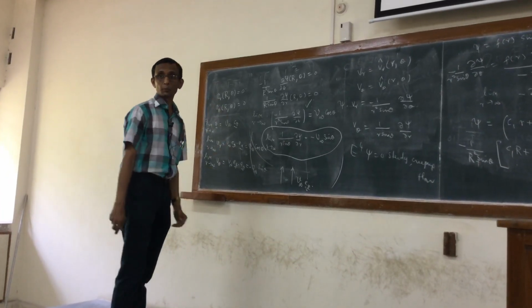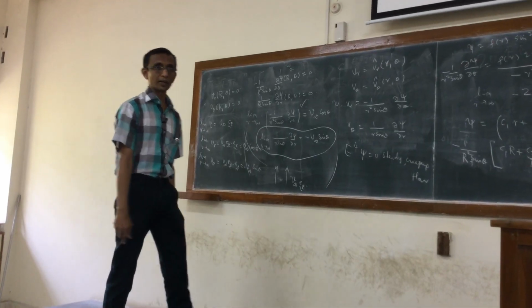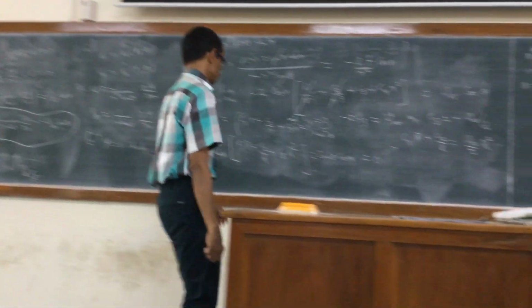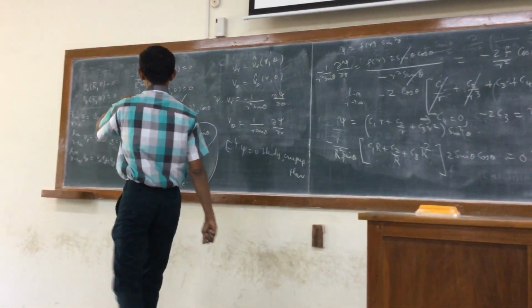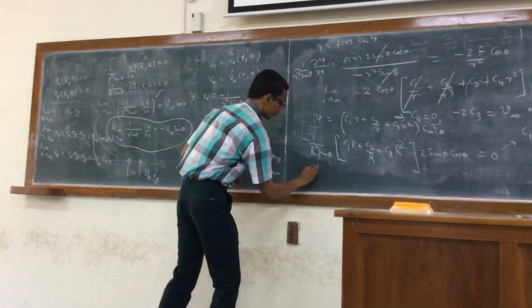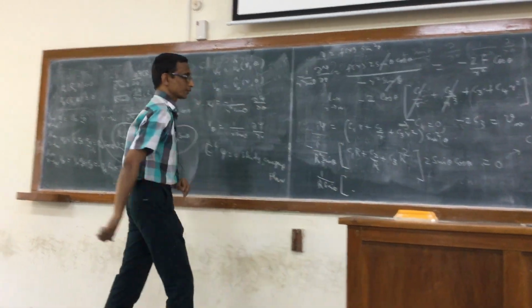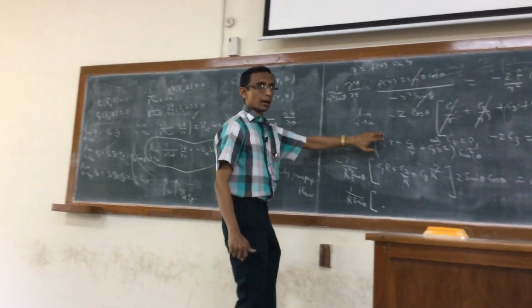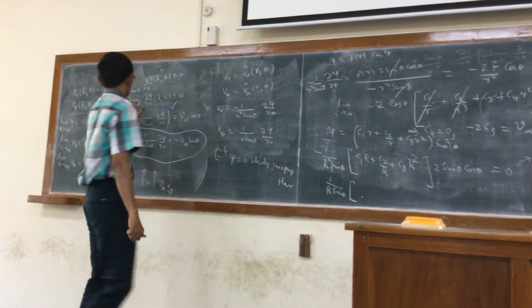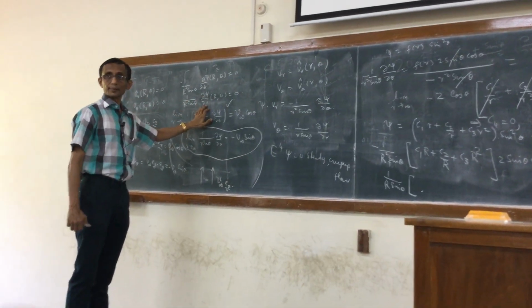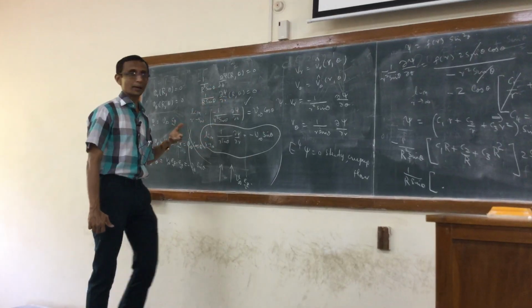Here, of course, I would need both of them because I need to determine C1 as well as C2. So if I now do that, that would be 1 over r sine theta times d psi by dr evaluated at capital R.